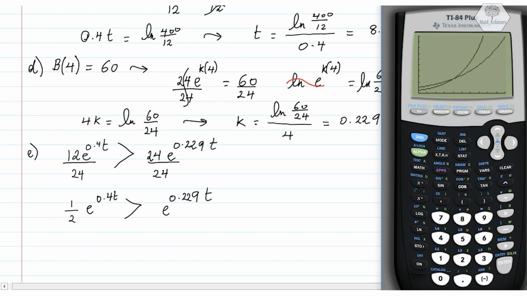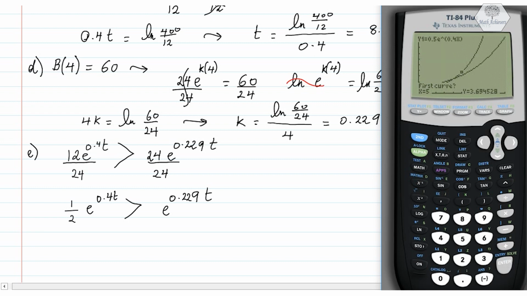The first function is function number 1 and the second one is the B colony. I need to find this intersection because after it the number of bacteria in colony A will exceed the number of bacteria in colony B. I go to second, calc, and number 5, which is intersect.